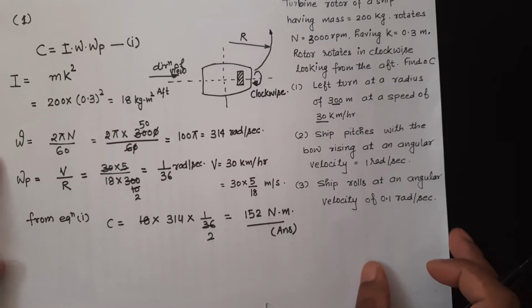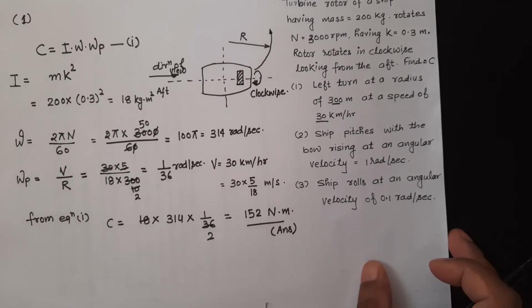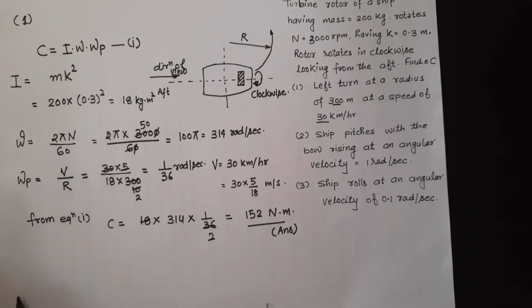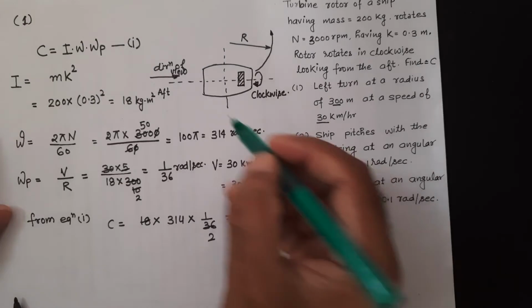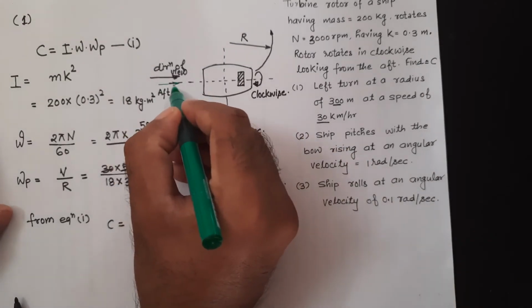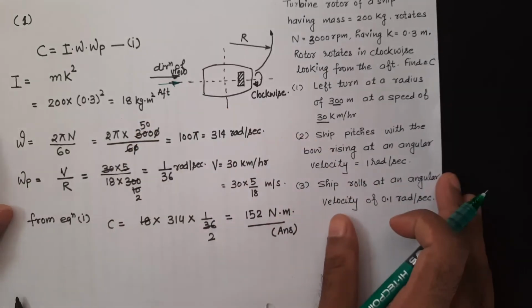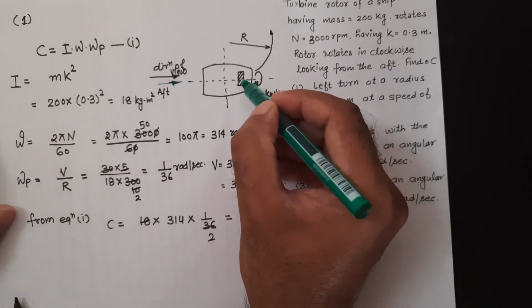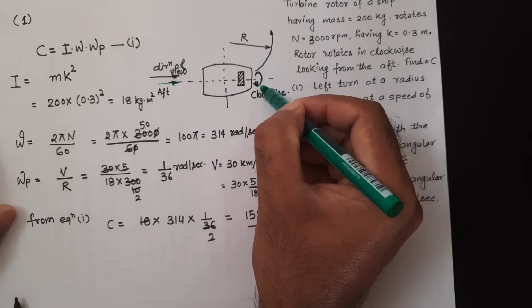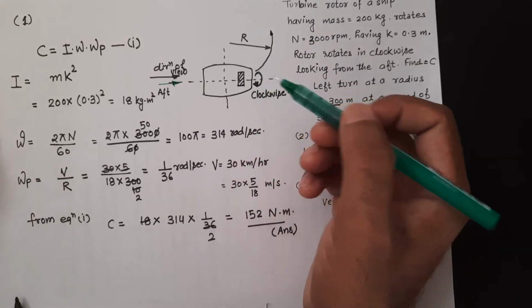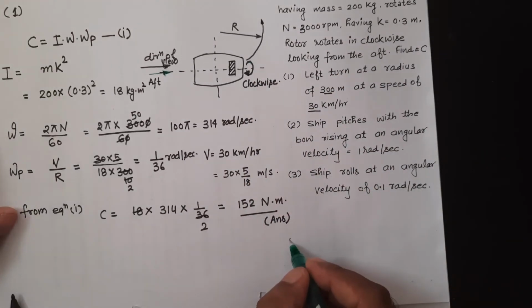Let us look at what its effect will be. To see the effect, let us first draw the spin vector. From the rear side of the naval ship, this rotor is rotating in the clockwise direction. That means the spin vector will be on the positive x-axis.